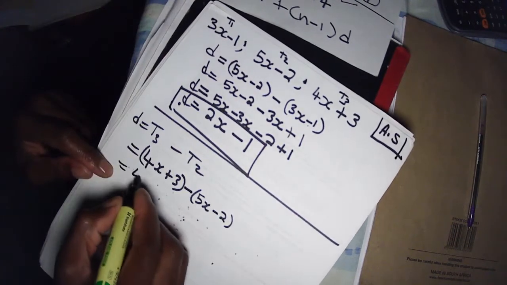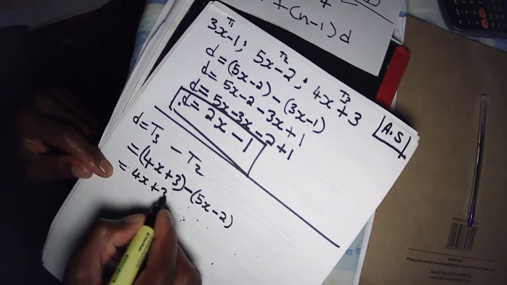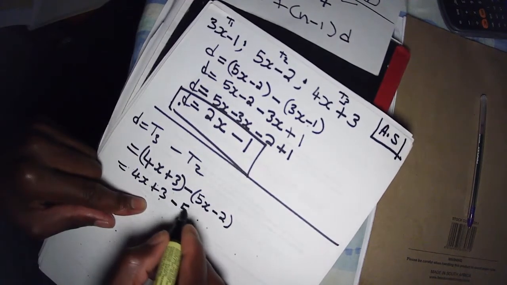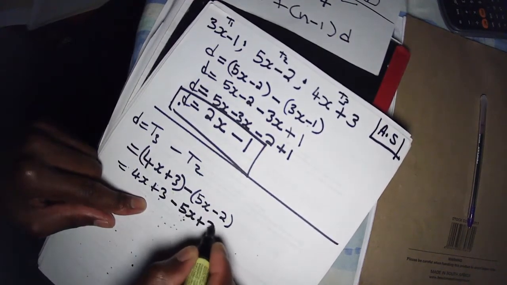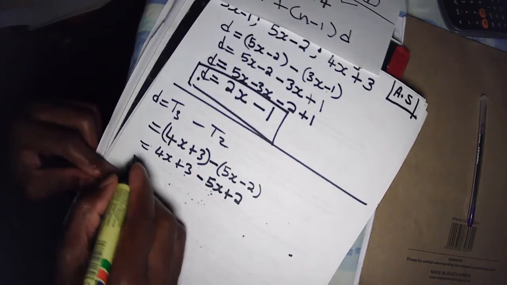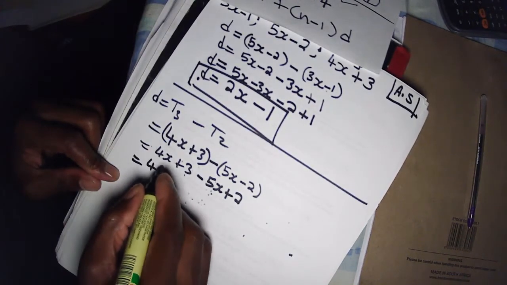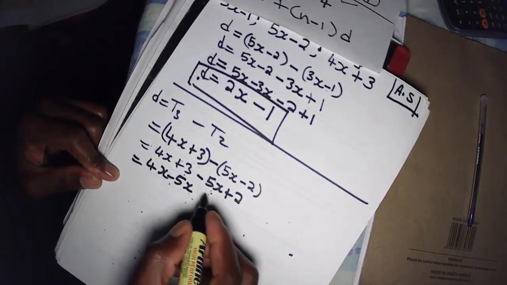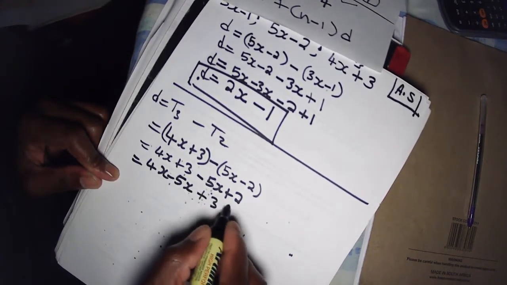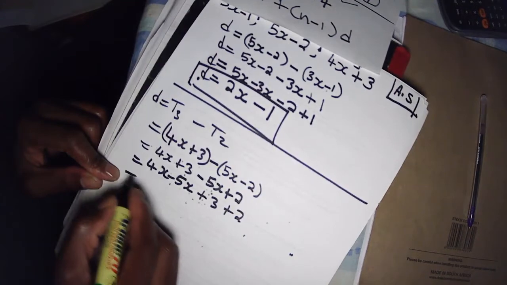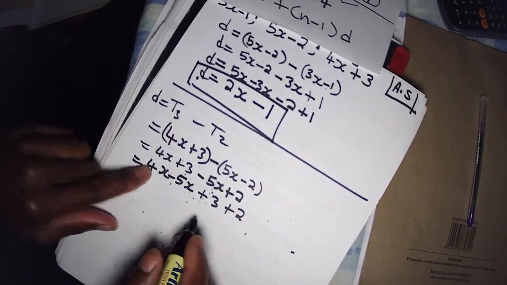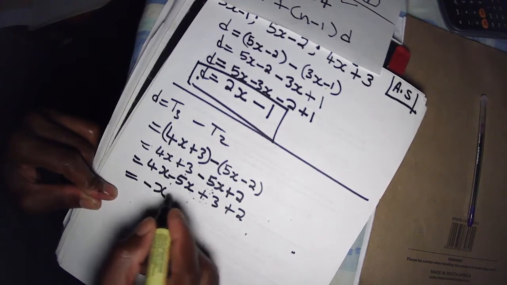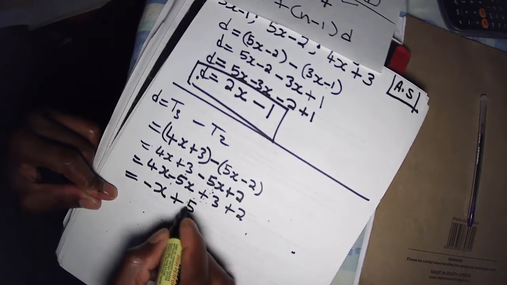So 4x plus the 3, you distribute the negative inside, you get 5x plus the 2. Plus 3 plus a 2. What do you get from this? We get negative x plus a 5.